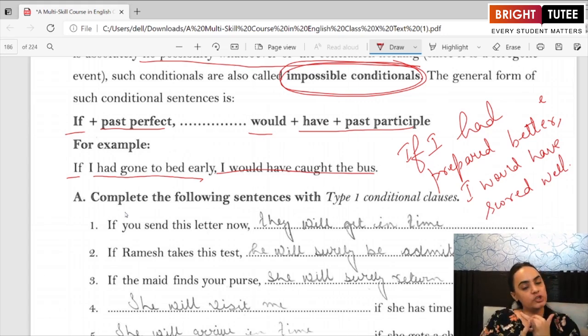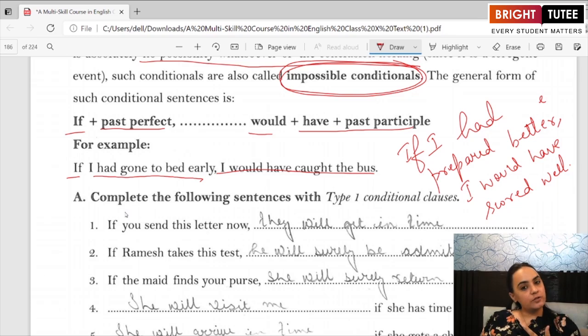So zero conditionals, in which it is certain that the conclusion will hold true, because we talk about scientific or universal facts. Conditionals of type 1, in which the likeliness of the conclusion coming true is very strong.